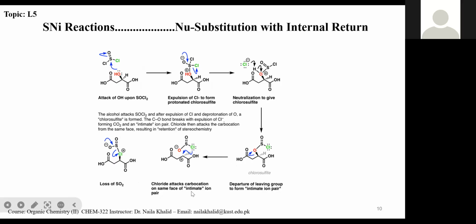And there is also a concept that during the decomposition of chlorosulfide, the intimate ion pair is formed, and this intimate ion pair is formed in this way, and this nucleophile will attack on this carbon, and you will get nucleophilic substituted product after the loss of sulfur dioxide. So this mechanism shows how the intimate ion pair is formed by the decomposition of chlorosulfide.